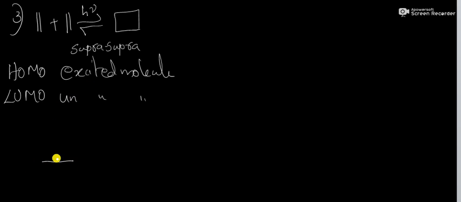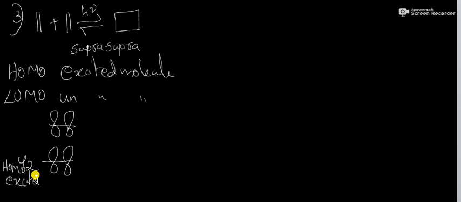So, C2 system, HOMO of the excited system. The HOMO of the excited system will be Psi2. Then the LUMO of the unexcited system, again Psi2. Then the symmetry will be plus minus, here also plus minus.